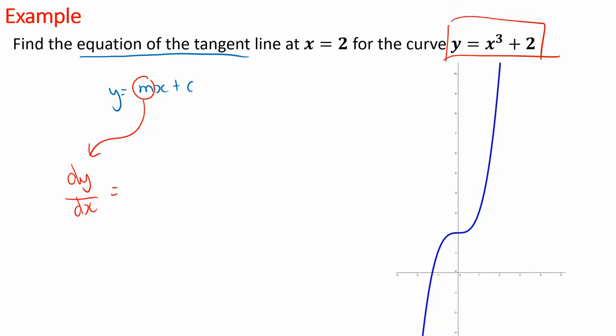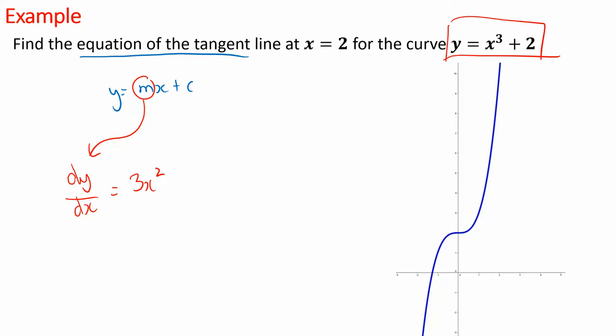Let's go with Simone. What's the derivative? Very good. Derivative of that is 3x squared. What's the derivative of 2? Very good, 0. So we now know the derivative is 3x squared. But remember, we need to know a point, and they told us x equals 2.